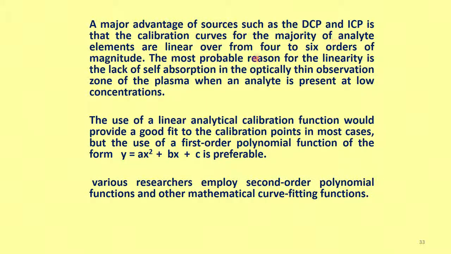So, the most probable reason for the linearity is the lack of self absorption. Generally we have discussed that self absorption effects are minimum. What is self absorption? A sample emits radiation, but the emitted radiation is also absorbed again, that is self reversal.